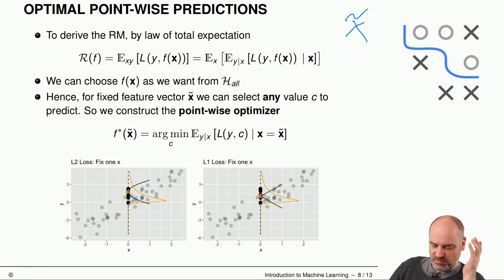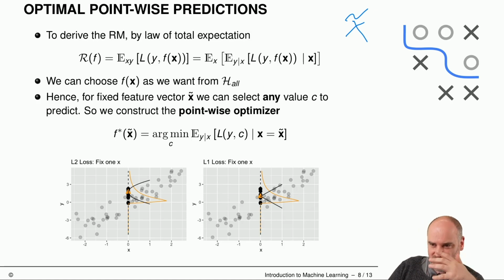So we look at some point x tilde, and we can assign any output to our model f. So why don't we just do that loss optimally? And this is exactly what we're going to do.